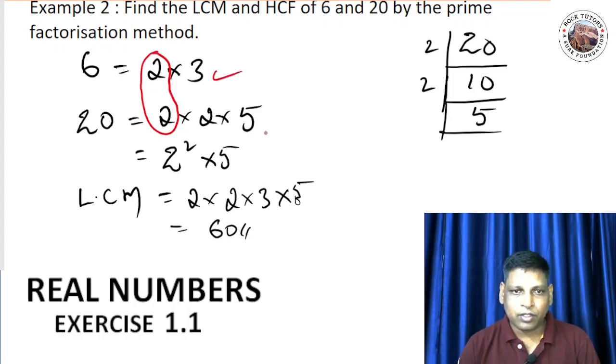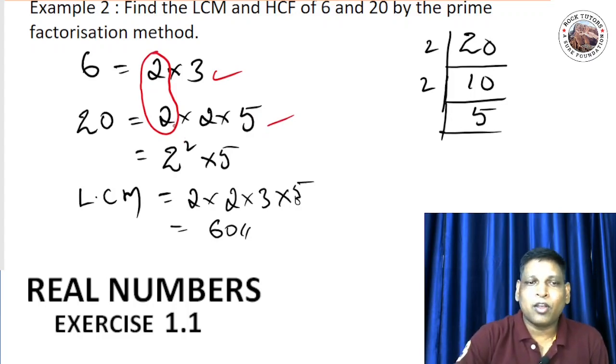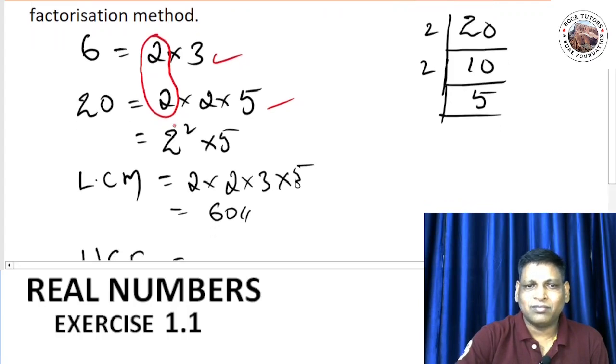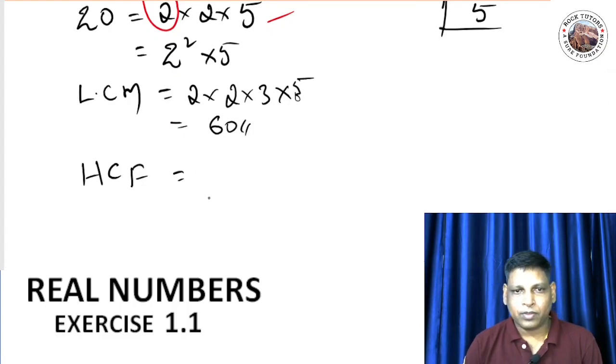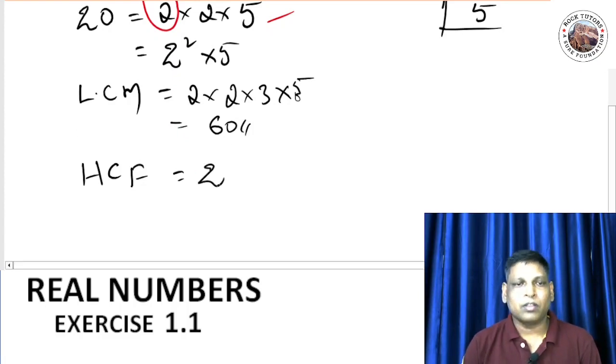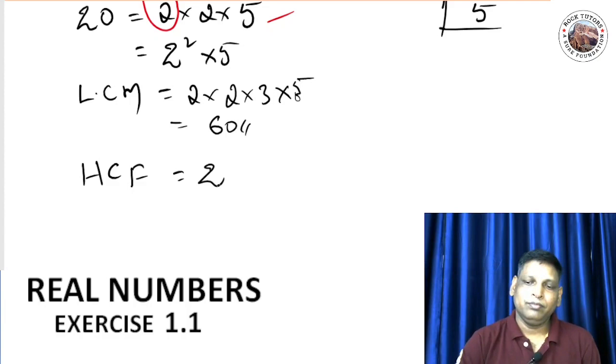In 6 and 20, only 2 is common. So 2 and 2, these two only are common, so it is equal to 2. LCM is 60, HCF is 2.